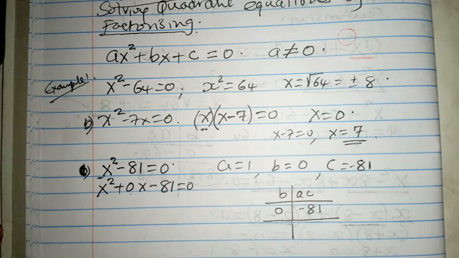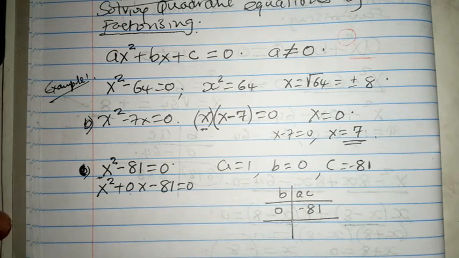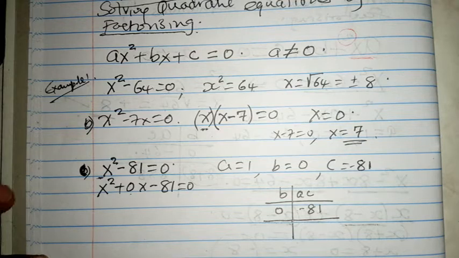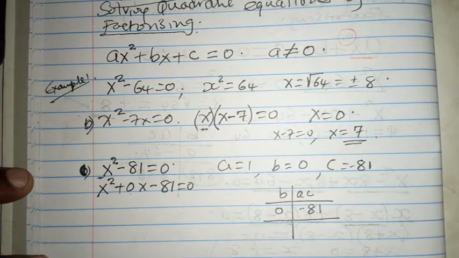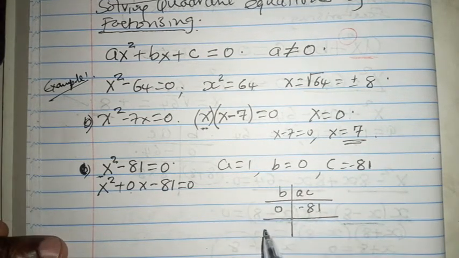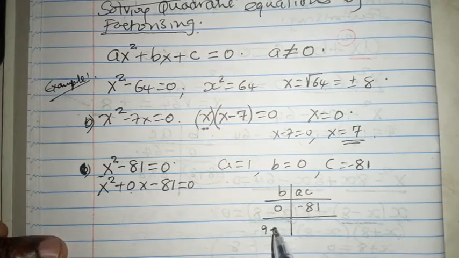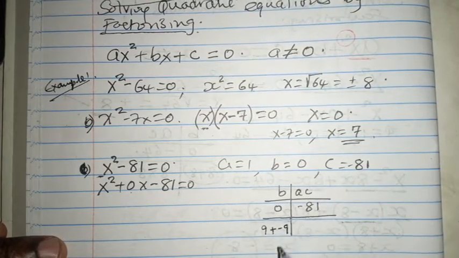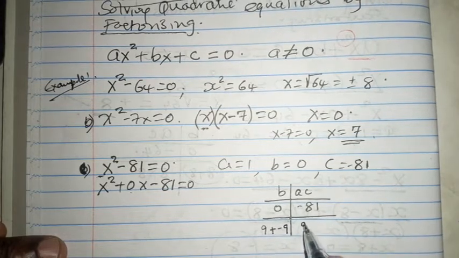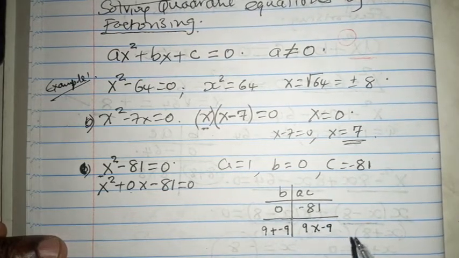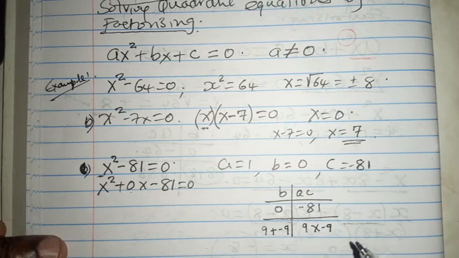If you think of two numbers which when multiplied together will give you 81, and the numbers are the same, only that one is negative, the other one is positive, something crops up immediately in your mind that the two factors are 9 and minus 9. So we have 9 plus minus 9 is 0, which of course gives us b. And 9 times negative 9 is negative 81.